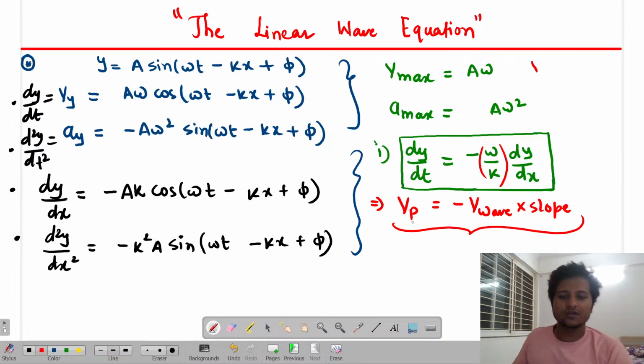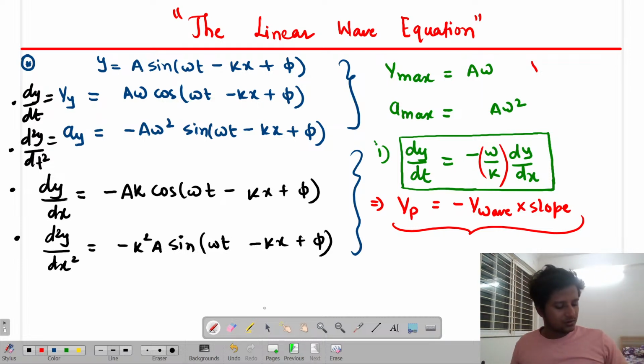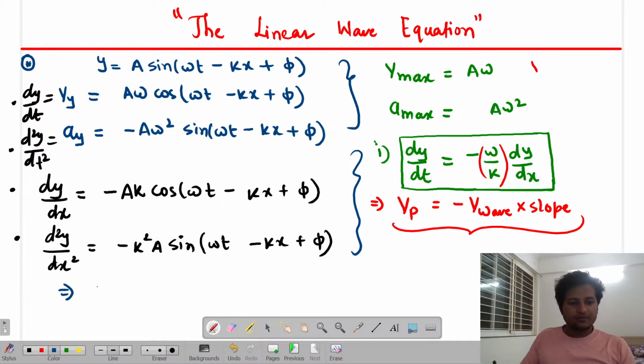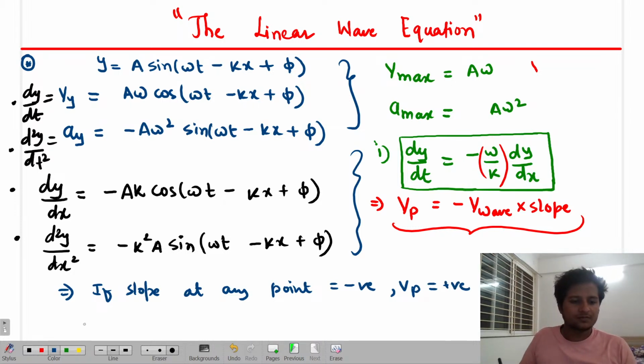So velocity of any particle at any point of time, at any position on the space or the wave graph, is just the velocity of wave, which is already known to us, into the slope at any point. Got it or not? So that means, if slope at any point is negative, velocity of particle will be positive.